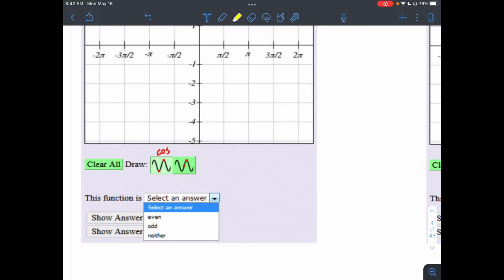Okay, so you can see right here, it starts at a maximum and goes to a minimum. So when you're using the cosine graphing utility or sketching a cosine, you go from maximum to minimum. The sine, on the other hand, starts at a midline and it goes to a maximum.